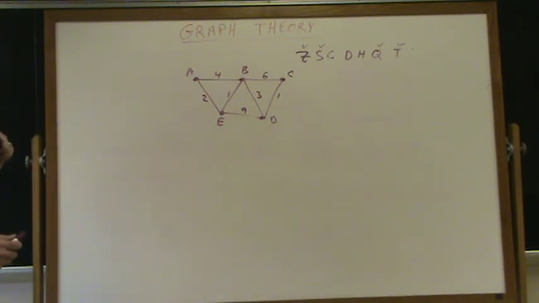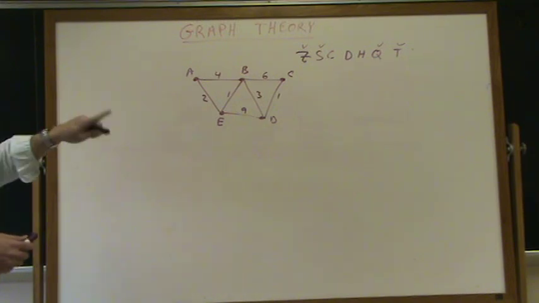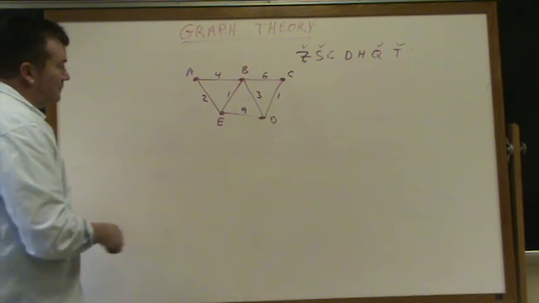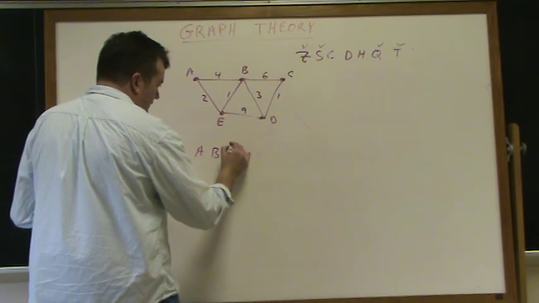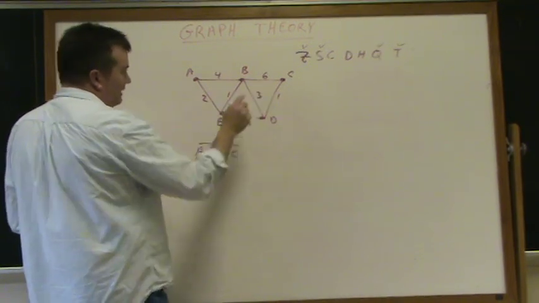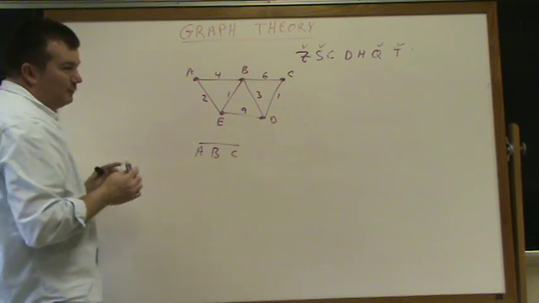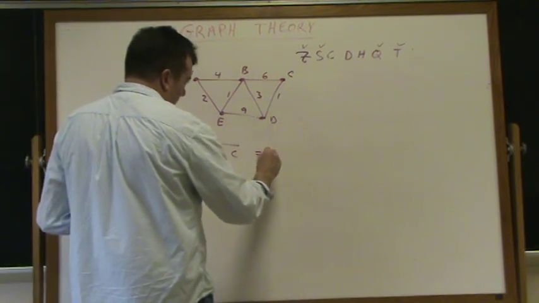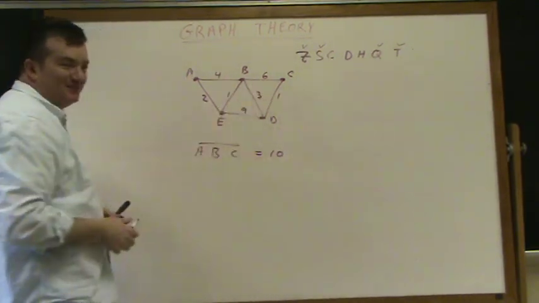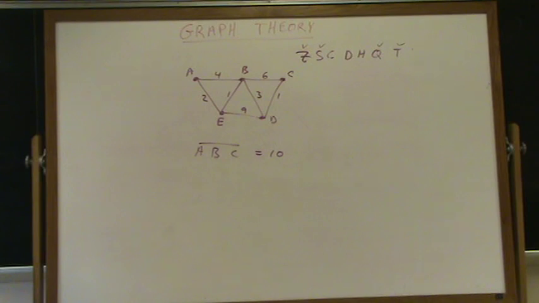now if I asked you what's the shortest path from A to C, it used to be A to B to C, which was length 2. Now that we've assigned values to the edges, this path equals 10. 4 plus 6 is 10. Right. Is there a better path, a shorter path, even if it takes more edges?